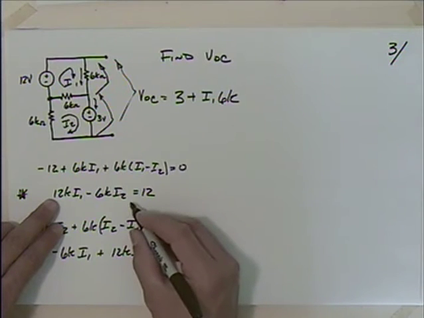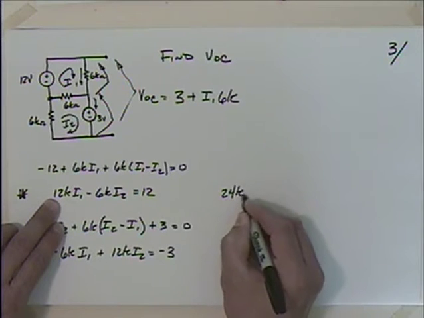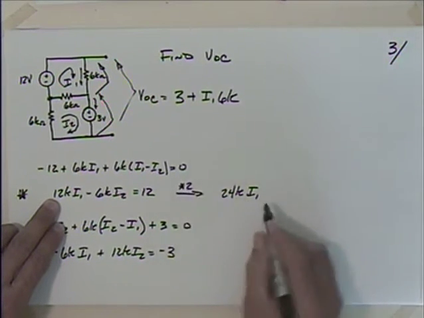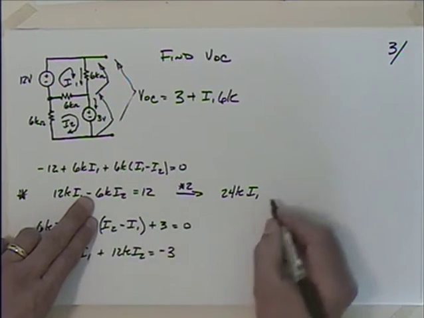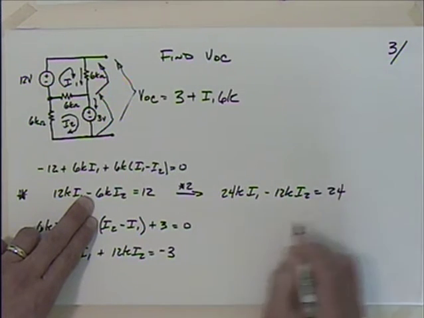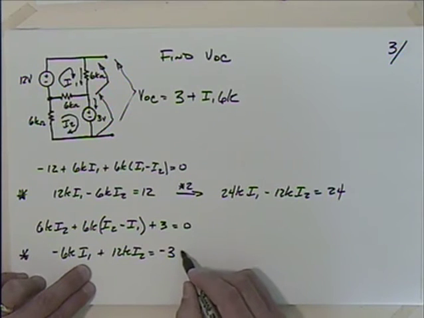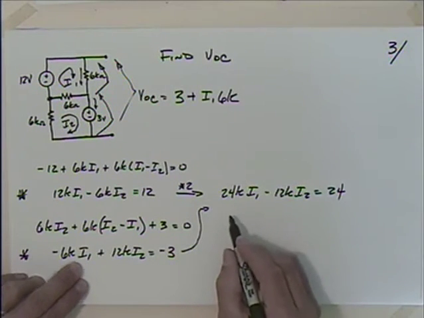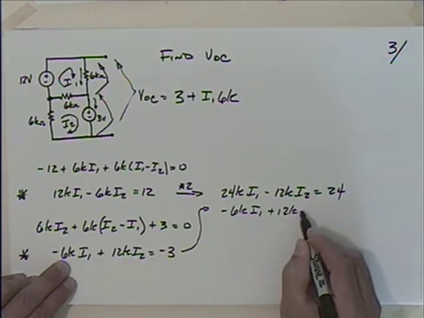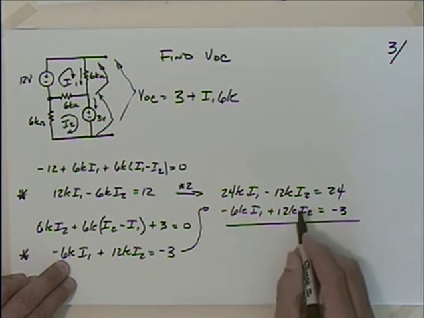If I multiply this by 2, I'm going to get 24k I1 minus 12k I2 is equal to 24. And then bringing this one up here, I've got minus 6k I1 plus 12k I2 is equal to minus 3. When I add those together, I'll get rid of the I2s.